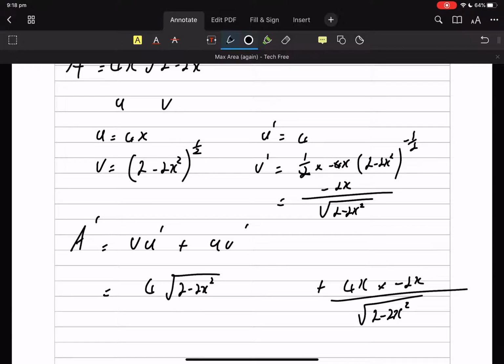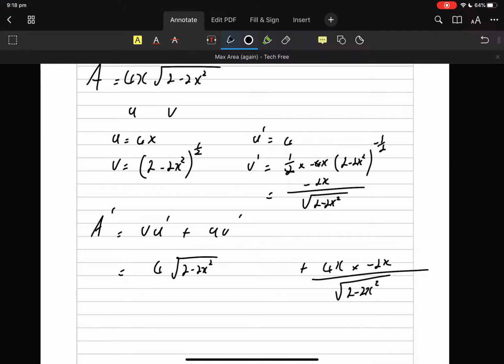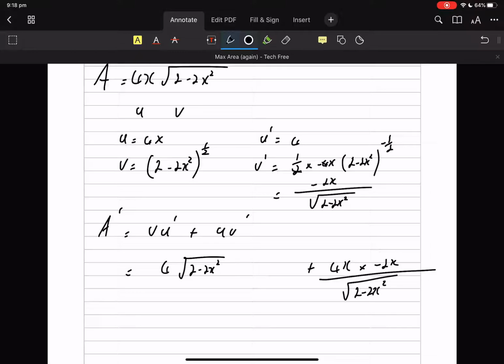Clearly I'm struggling with room, but you're going to have absolutely buckets of pages to do this in. So let's just think about that. That's going to be minus 8x squared minus 8x squared. Let's just move that minus again.